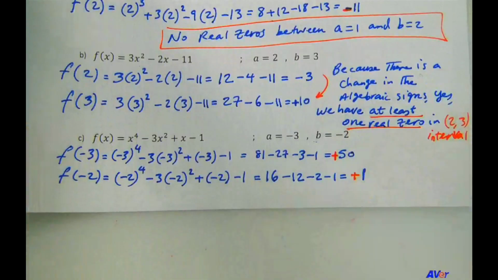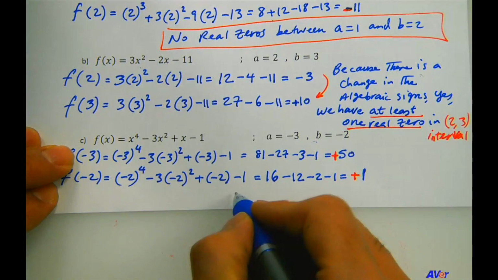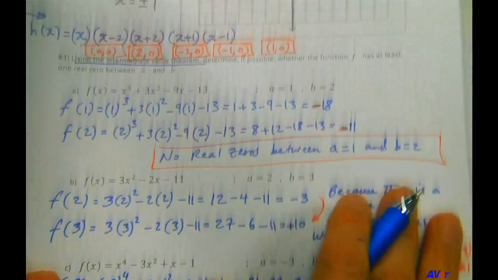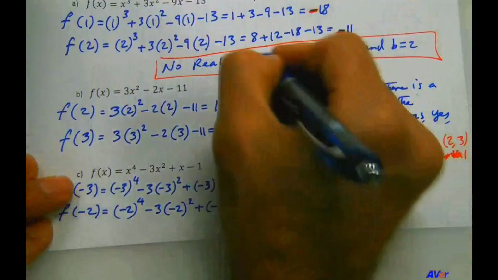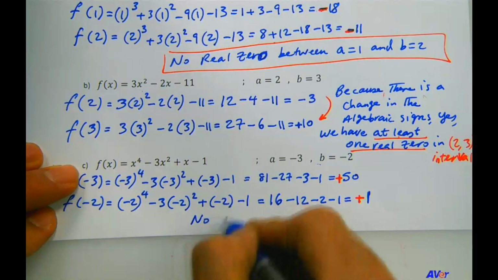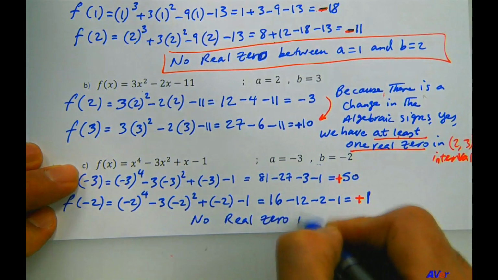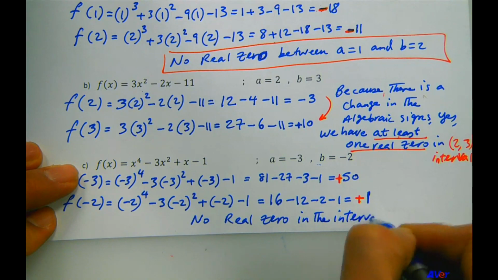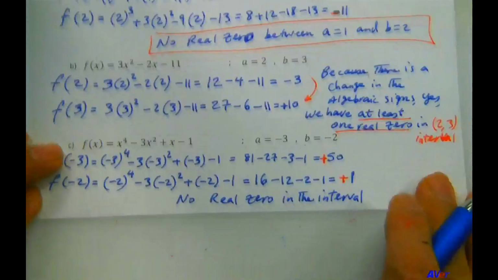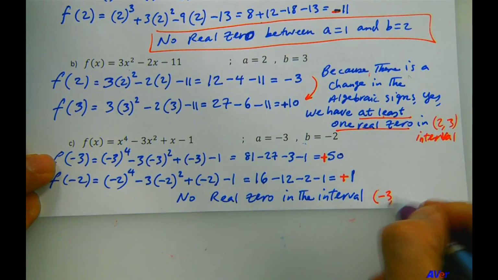So let's write that down. So no real zero in the interval -3 comma -2.